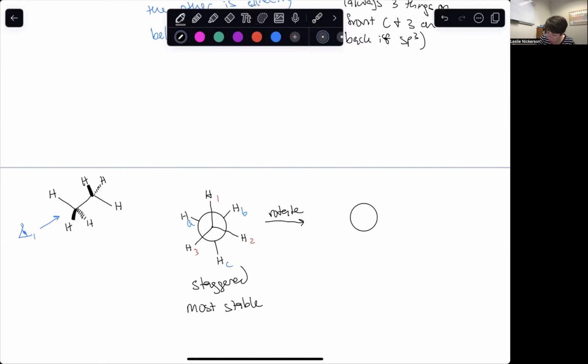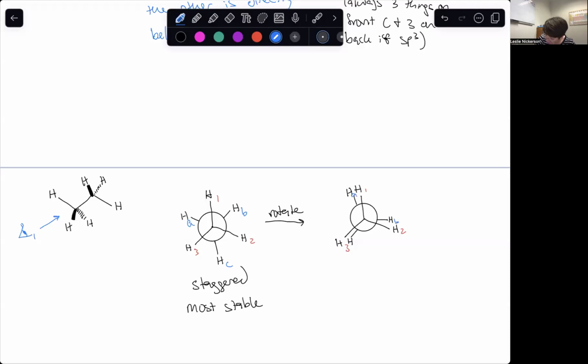So I'm going to rotate the back one. I'm going to keep my front carbon exactly the same. So I still have 1, 2, 3 going clockwise. And then I can rotate this so that it's HA, HB, and HC.